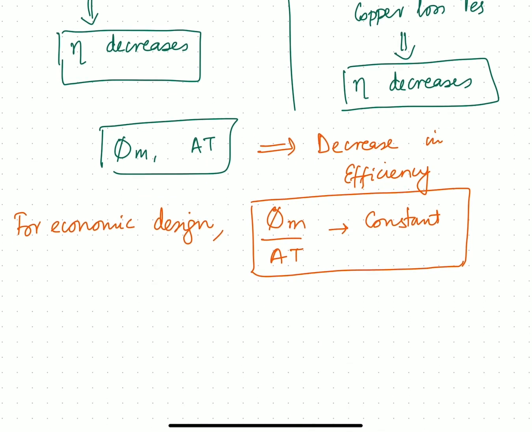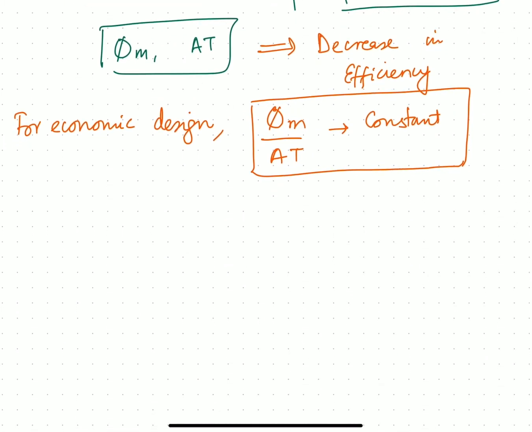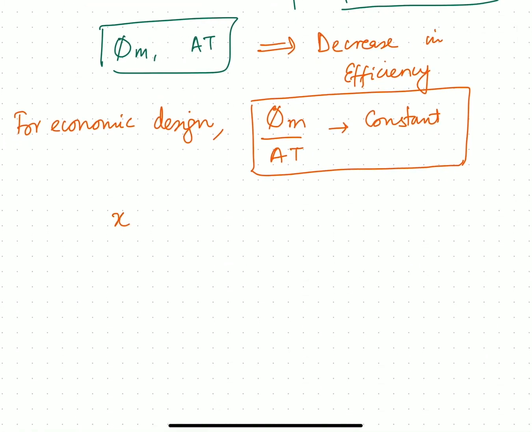What do I mean by that? I call this ratio X. X is the ratio of the magnetic loading to the electric loading, and the electric loading is magnetic loading divided by X.